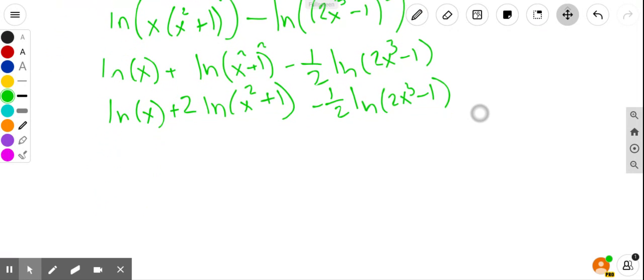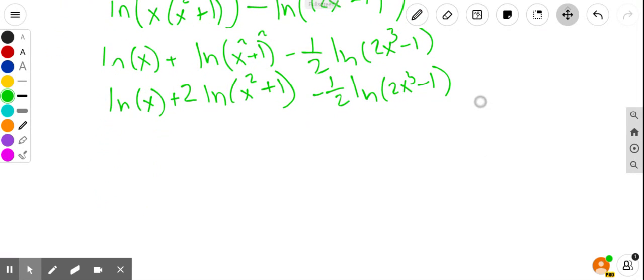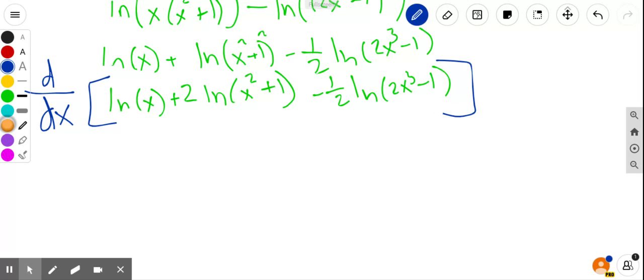So let's do it. If I'm taking the derivative of this expression instead, piece by piece, this part will turn into 1 over x.